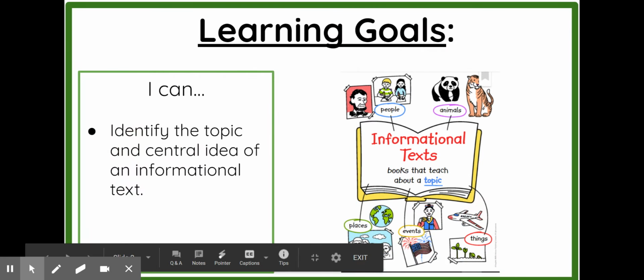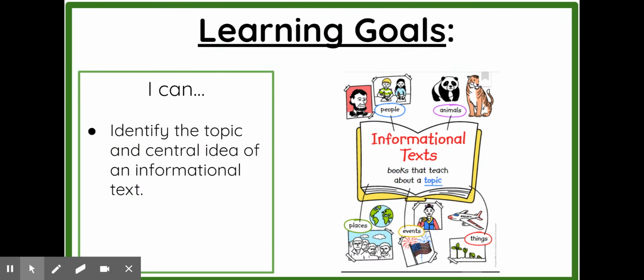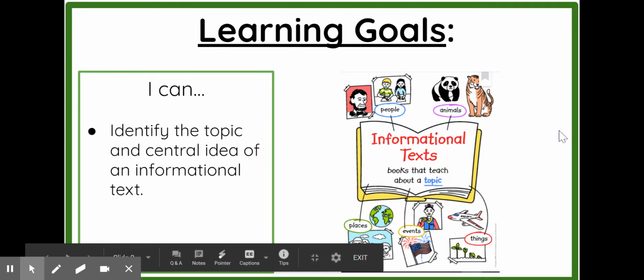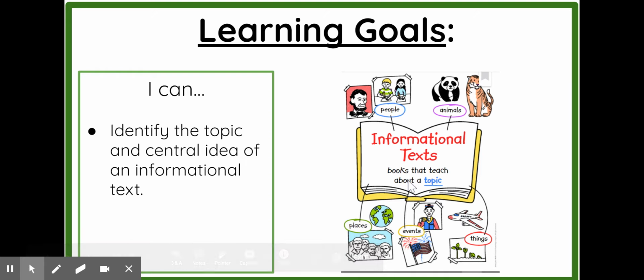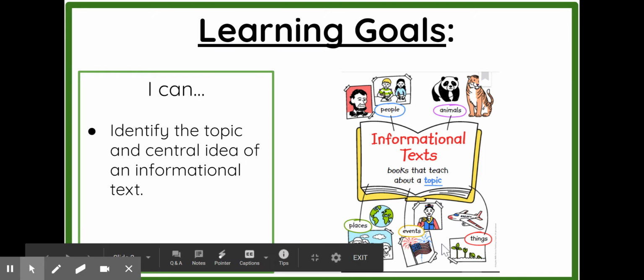So this week for reading, our learning goal is I can identify the topic and central idea of an informational text. Boys and girls, an informational text is a book that teaches about a topic. For instance, if you'll look over here at our anchor chart, it could be about people or animals or places or events or things.